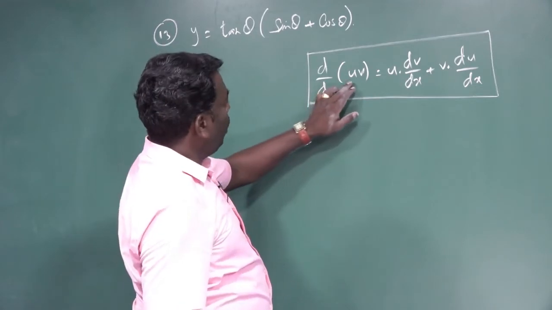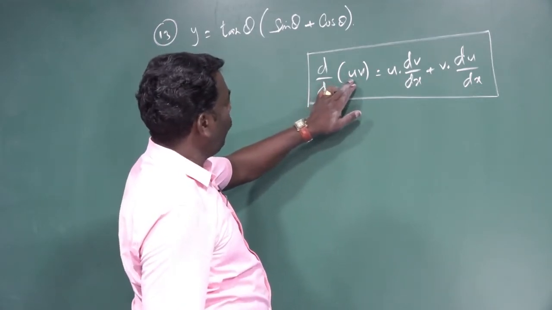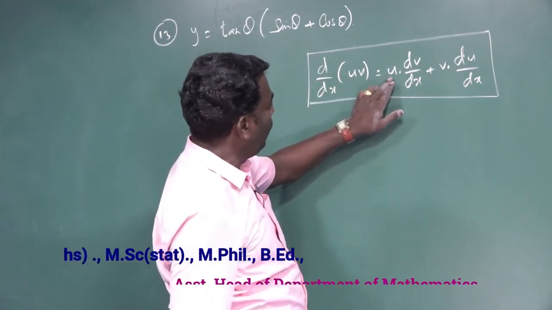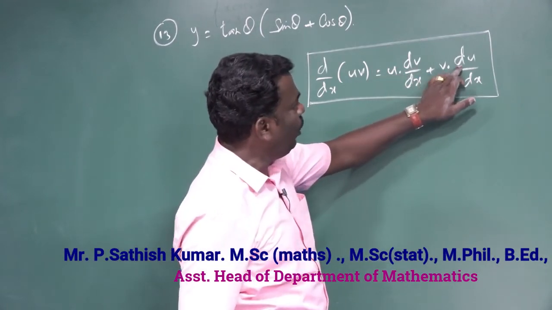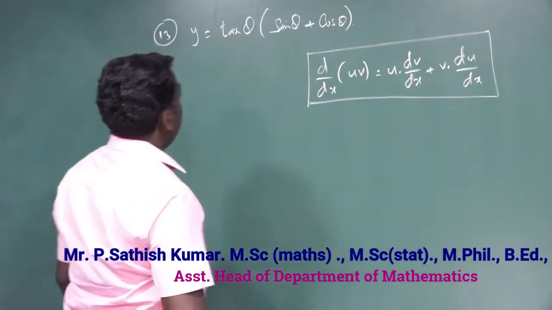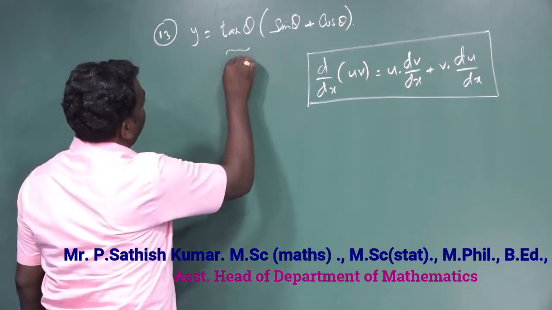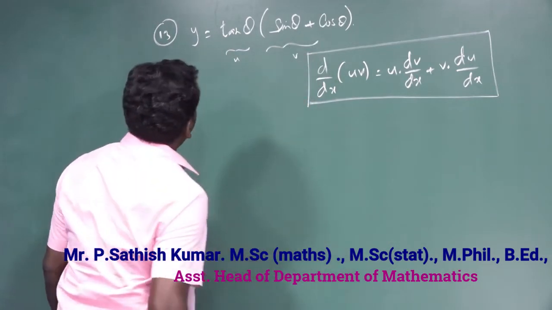The product rule: the differentiation of u times v is equal to u times dv/dx plus v times du/dx. Applying the product rule here, the first term is called u and the second term is v.